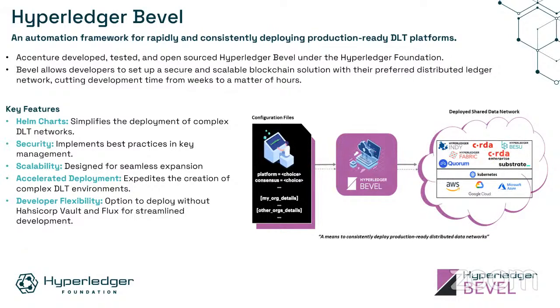You are already working on a production-like environment from the start, from your POC or dev environment itself, so you don't have to do a lot of changes when you are moving to a production network. A key feature from release one onwards is the Helm chart. Hyperledger Bevel has moved on from Ansible and has become more like a Helm chart repository for all the platforms, and it simplifies all the complex deployments of the DLT platforms.